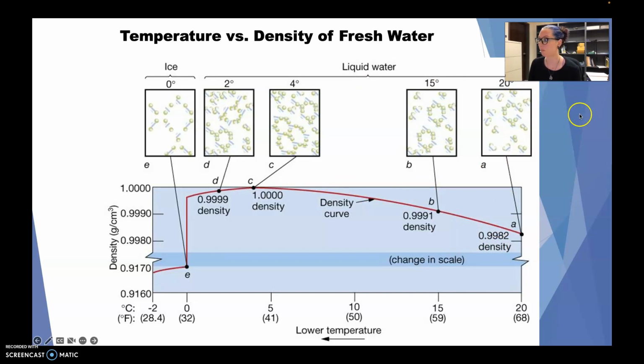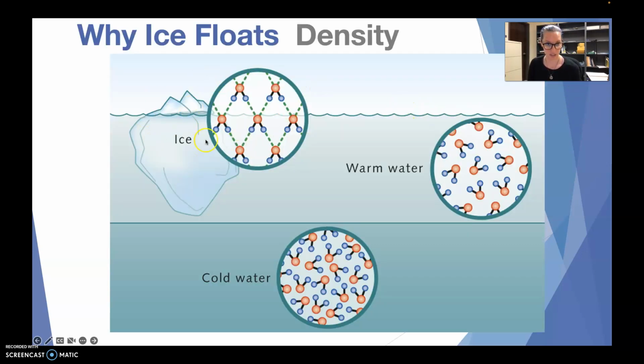So again, looking into this idea of ice and warm water versus cold water, see how there's fewer red dots in the ice circle, more red dots in the warm water circle, and even more red dots in the cold water circle. So this is implying here that cold water is way more dense than warm water.